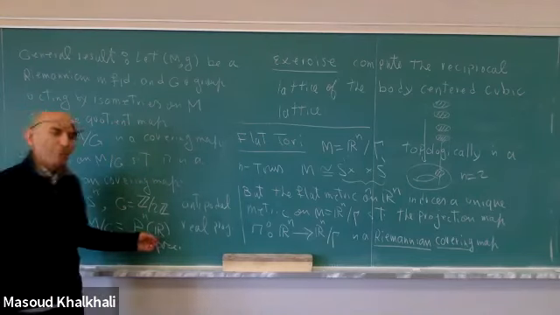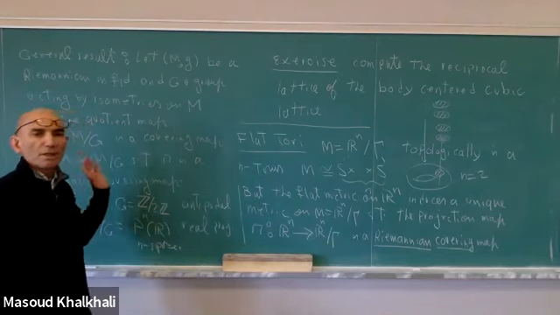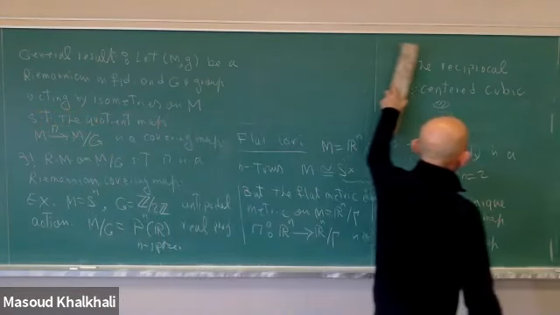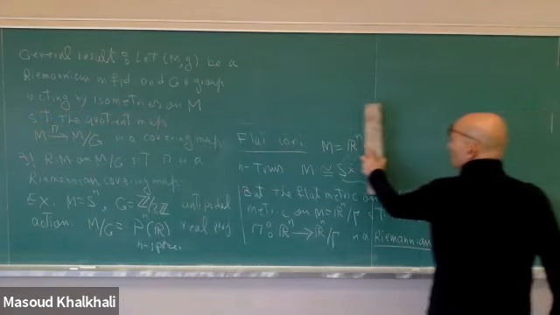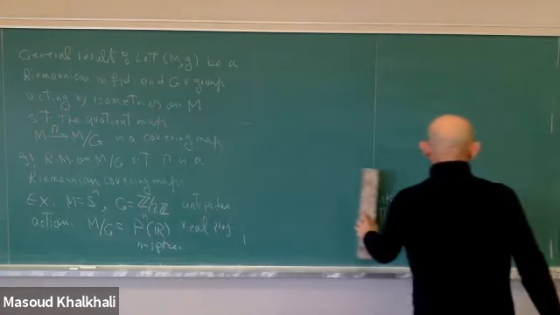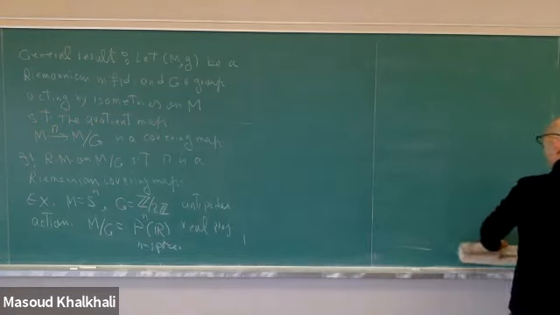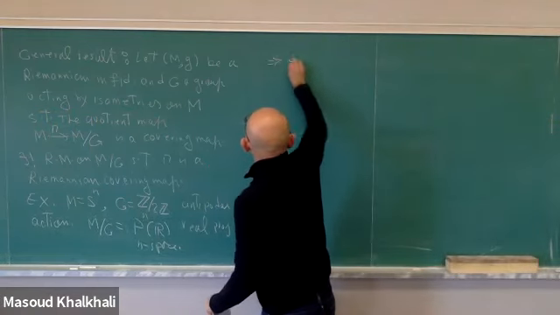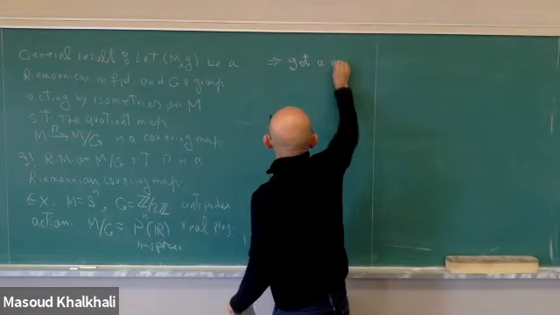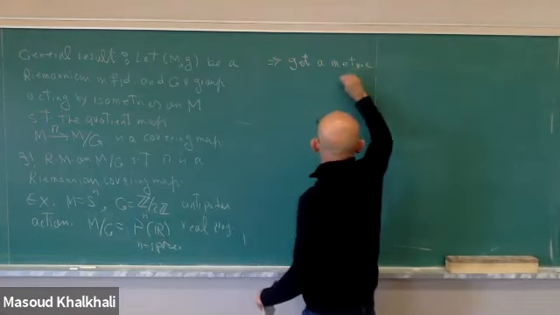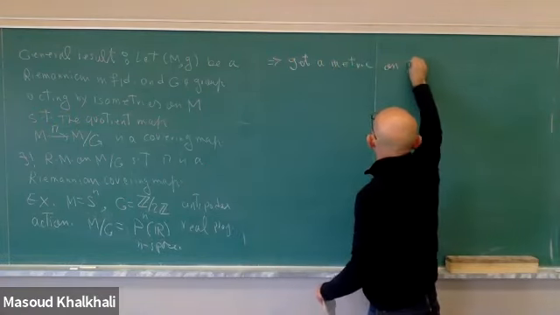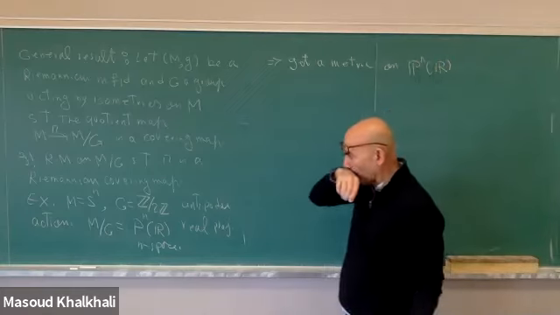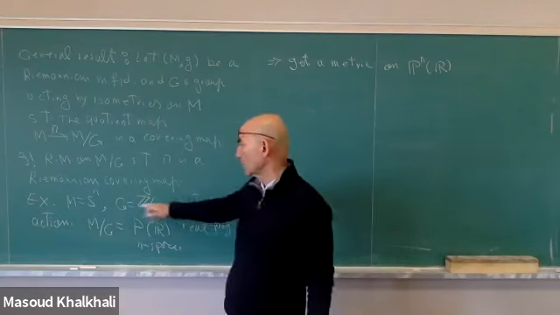So then we have a metric on this from the round metric on a sphere, right? And this is a metric that sometimes you want to work with, on this real projective space.